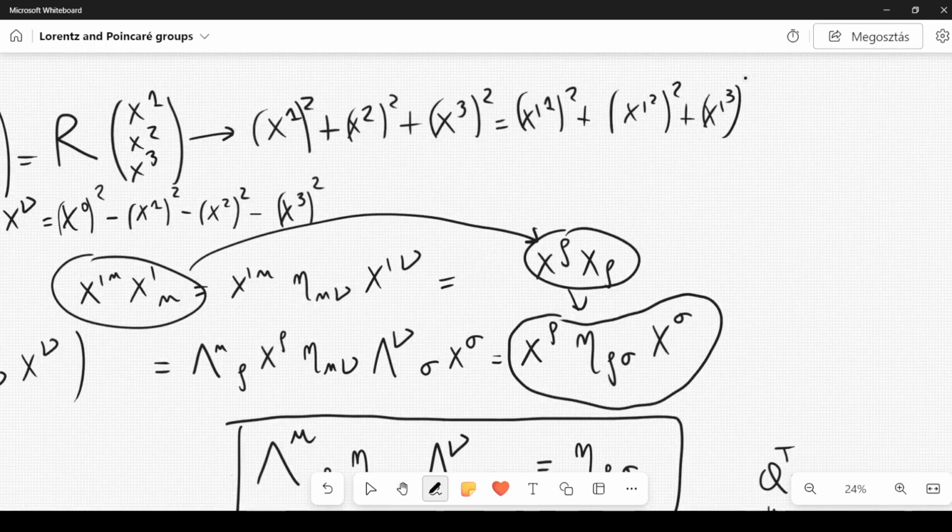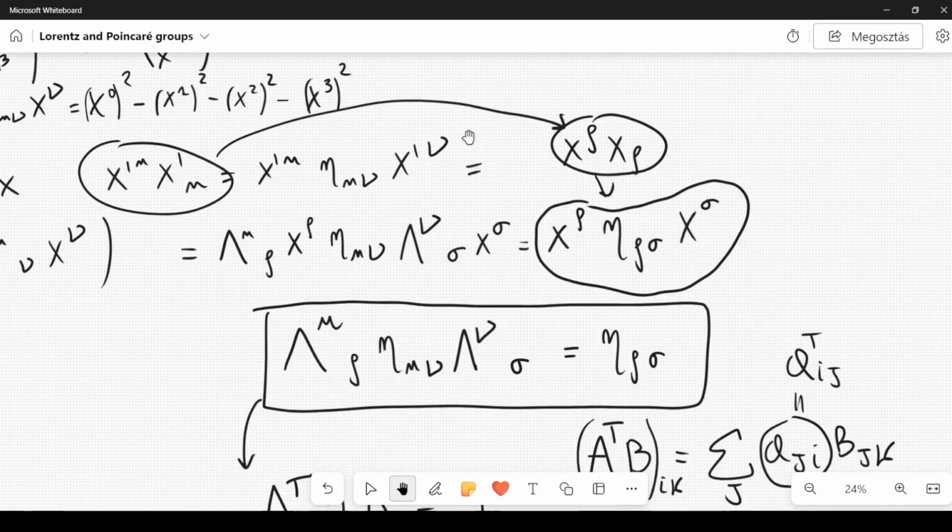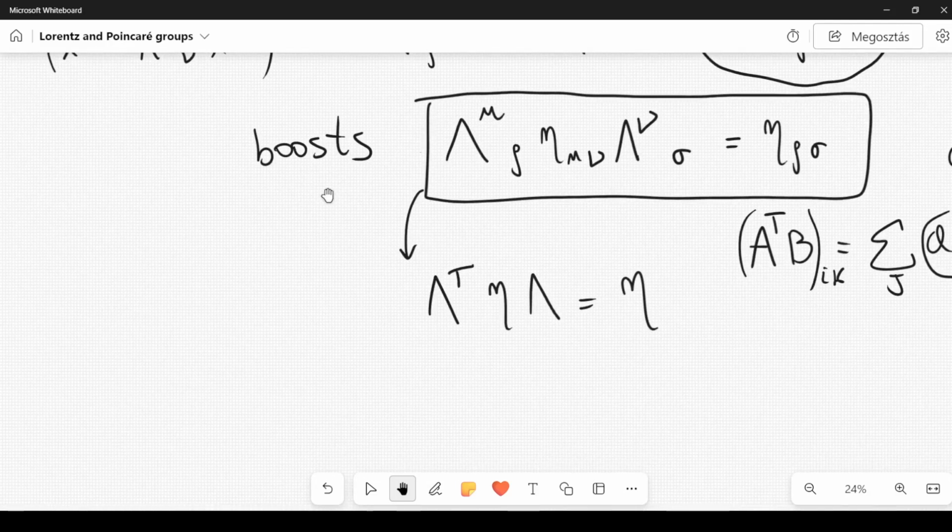So it means that Lorentz transformations also contain rotations. They are contained in this object, which is also a matrix, lambda mu rho. But these objects also contain the so-called boosts. What is a boost? It is something that one encounters in special relativity.